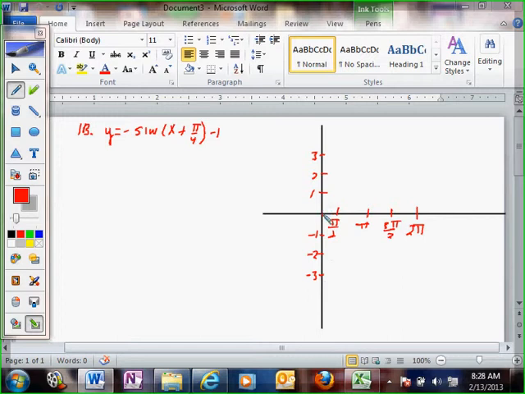And I've got sine, and it looks like this. Should be getting pretty good at putting these points for sine and cosine and tracing through this graph. And there it is.